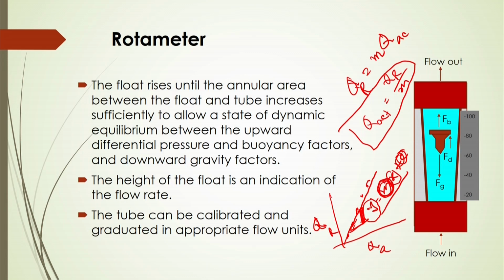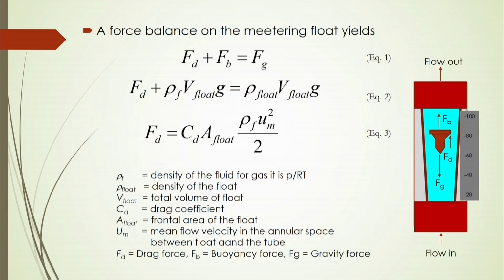And then we can look at the force balance on the metering float that is inside this rotameter. Now, we know that there are 3 forces acting on this float to get its equilibrium condition. After balancing these forces, we can have a certain scale at which it will maintain a certain flow rate.